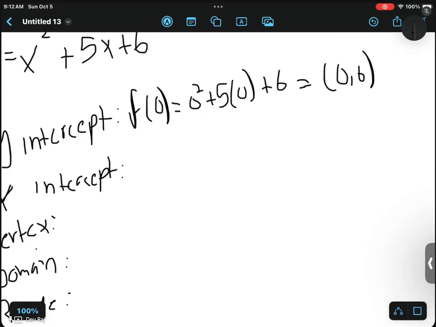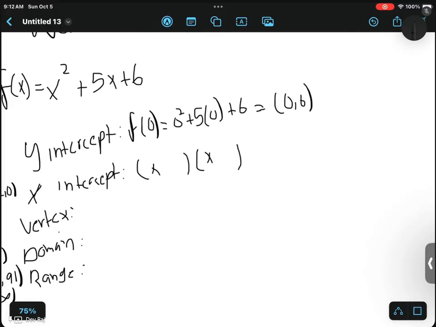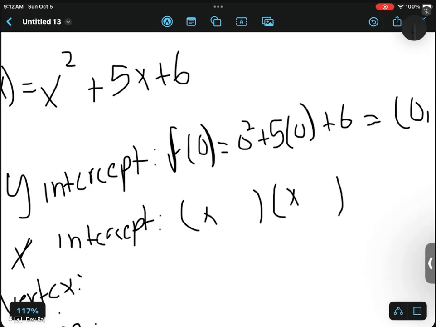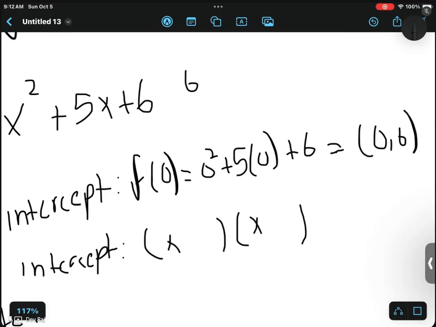X-intercept, I think we had some confusion. So let's see, what adds to 5 and multiplies to 6?